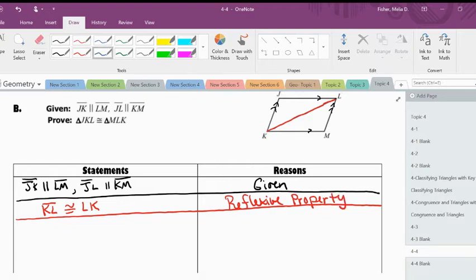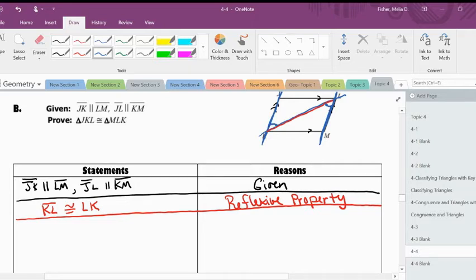I'm going to go back to what my given information was and talk about the fact that JK is parallel to LM. That was the first thing that they gave me. So JK being parallel to LM makes this right here the transversal. And that means that this angle and this angle are going to be congruent.